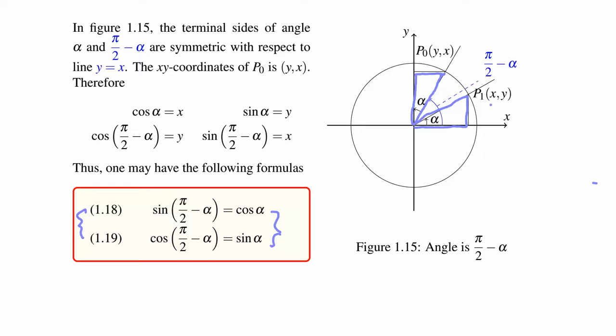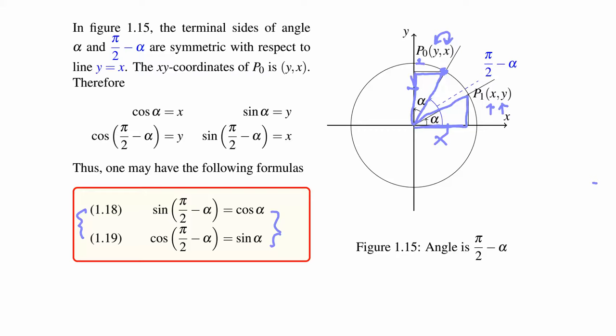If you have an x-coordinate or horizontal coordinate of P1 is x1, vertical coordinate is y, then for the coordinate of this point, which is P0, you will have the x and y coordinates switched. Because this part was x, the y coordinate of this point, P0, will actually be x.